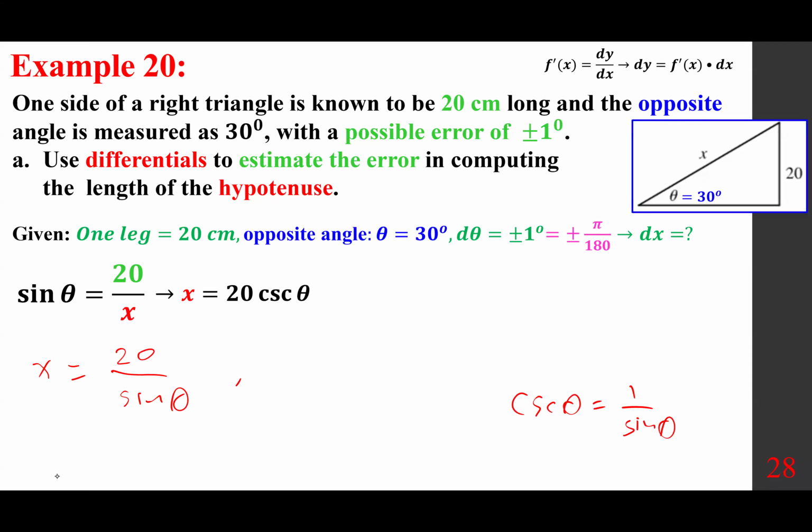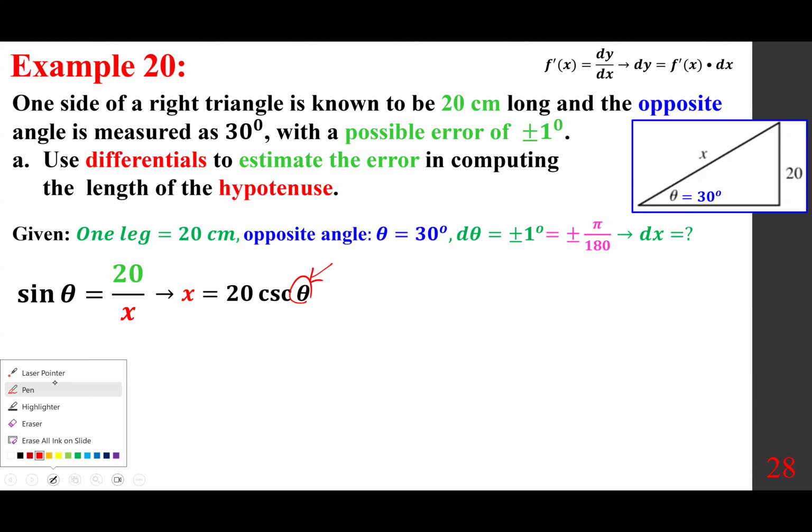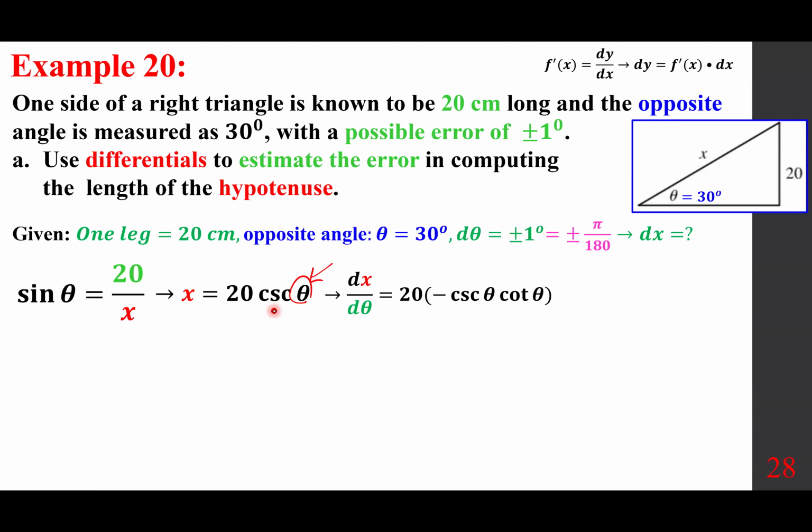So we want to differentiate. Let me just erase my work. Remember, the independent variable is theta, everybody. So dx d theta is 20 times the derivative of cosecant, which is negative cosecant theta cotangent theta. Therefore, dx is the right side times d theta.